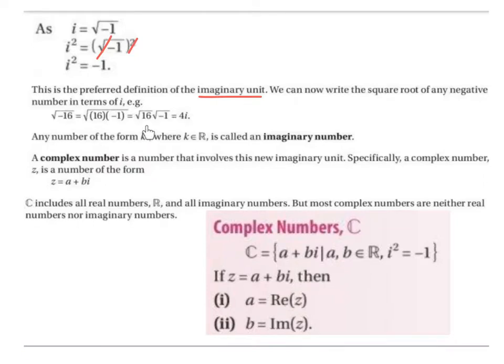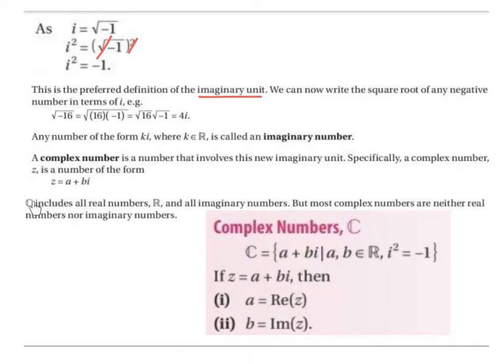Any number in the form ki, where k is an element of the real number set, is called an imaginary number. A complex number is a number that involves this new imaginary unit. Specifically, a complex number z is a number in the form z equals a plus bi.